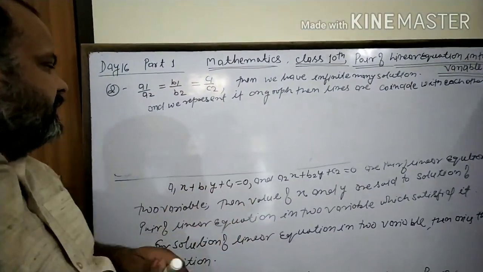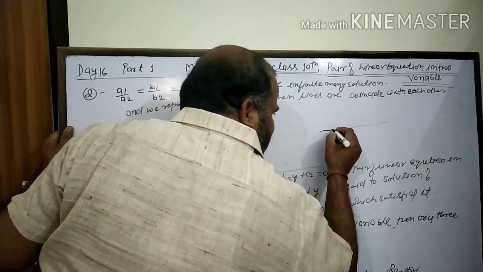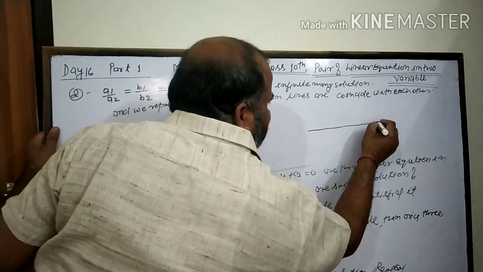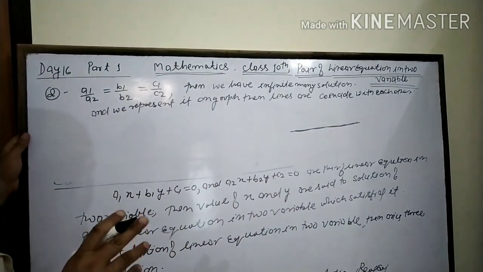Coincide with each other means, suppose it is the first line, then the second line, all the points lie on the same line, which is called the coincident line. You already know this. Clear?